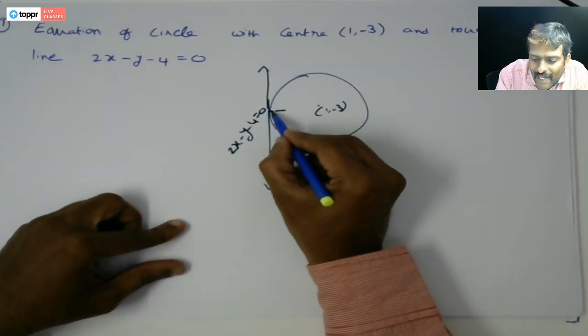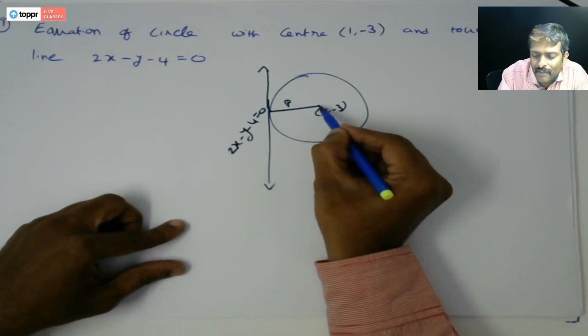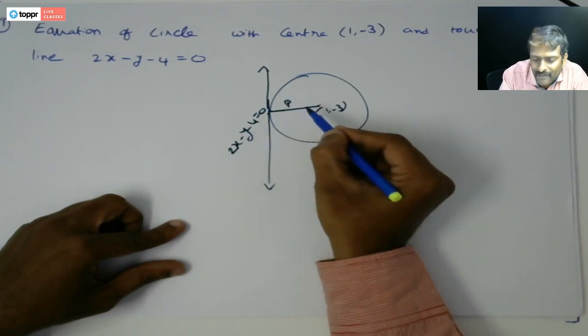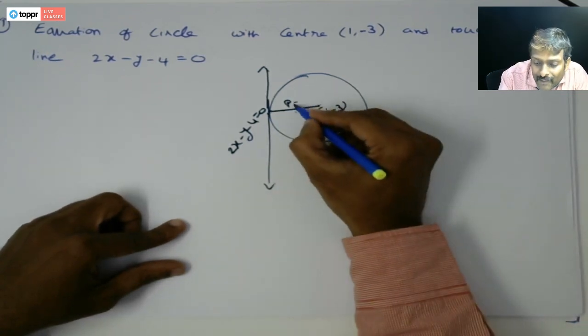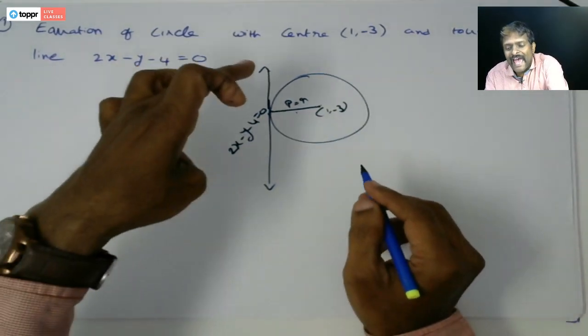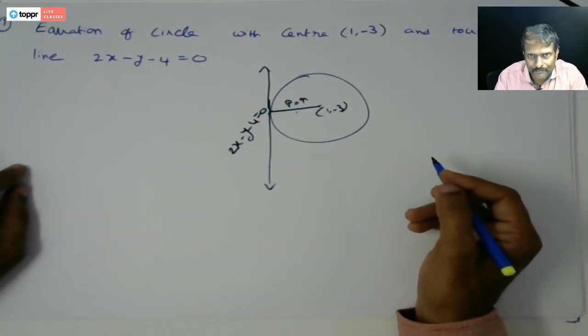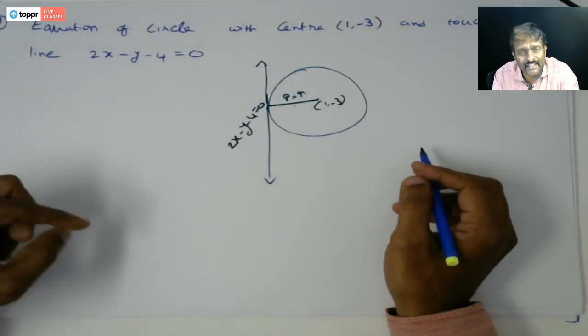Now can we calculate this distance from the center to this point? This is p, which is nothing but our radius also, as this is a tangent.